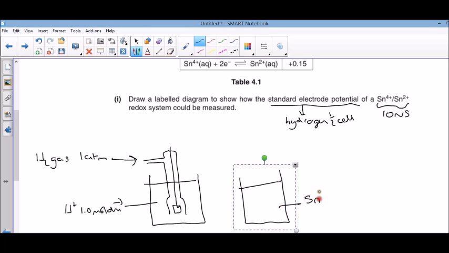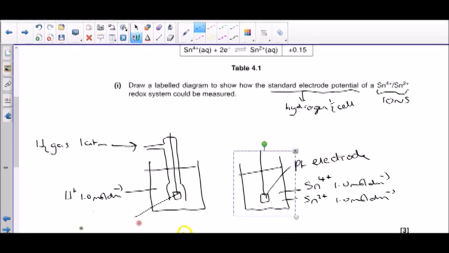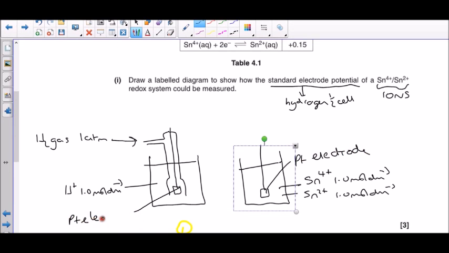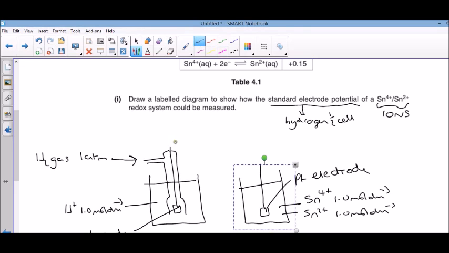So we've got tin 4 plus at 1 mole per decimeter cubed and tin 2 plus at 1 mole per decimeter cubed, and we're going to have a platinum electrode, which I just realised I've not labelled on the other one. So we've got our second mark for the correct drawing and labelling of this half cell.